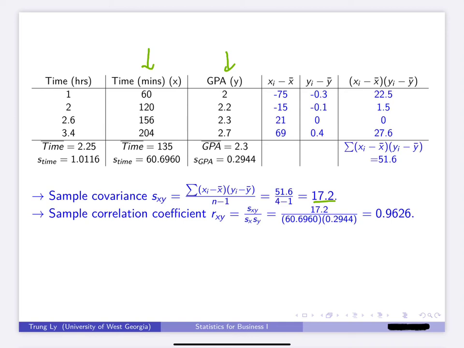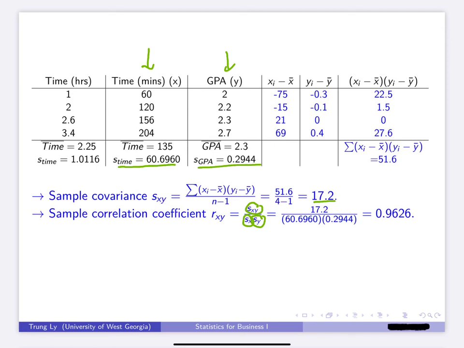You divide the sample covariance by the product of the standard deviations. So the sample standard deviation of time is 60.6960, and the sample standard deviation of GPA is 0.2944.